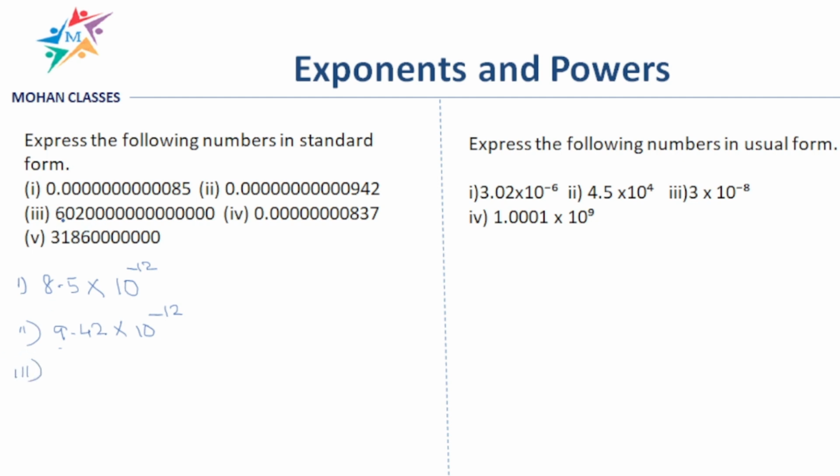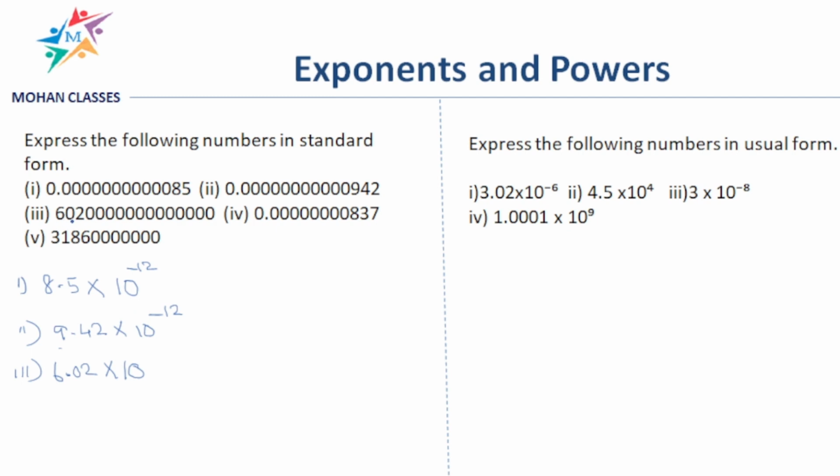Here you see 1, 2, 3. Okay, what I told you, 6.02. So all other things are 0. We no need to put 0, but we have to count for the power. 10 to the power of.